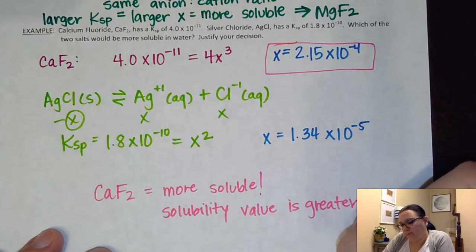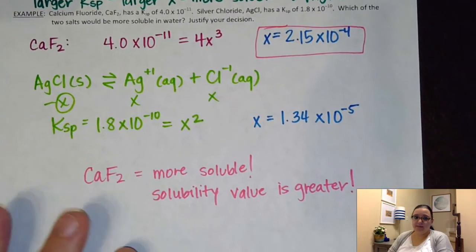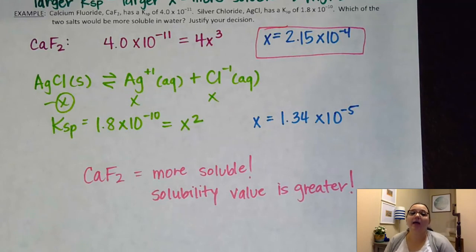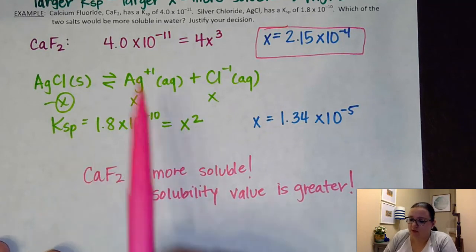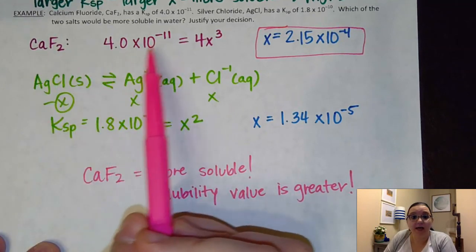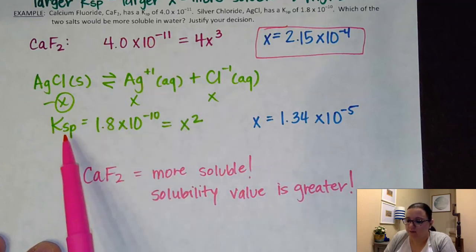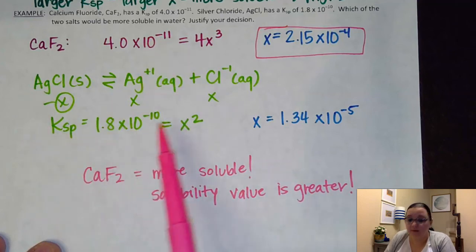However, if you had been tempted to just look at KSP, you would have gotten this question wrong. If you look at the KSP values, CaF2 was 4 times 10 to the negative 11th. AgCl was 1.8 times 10 to the negative 10th.